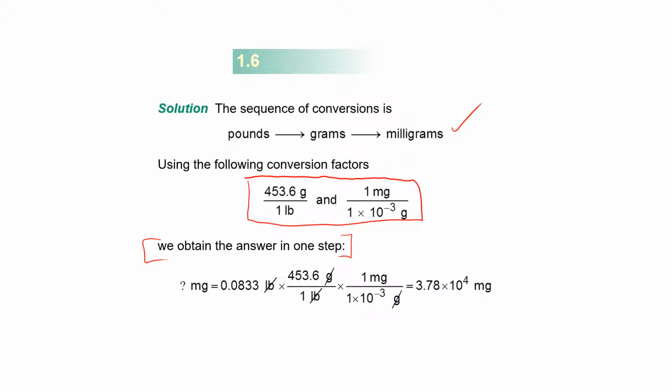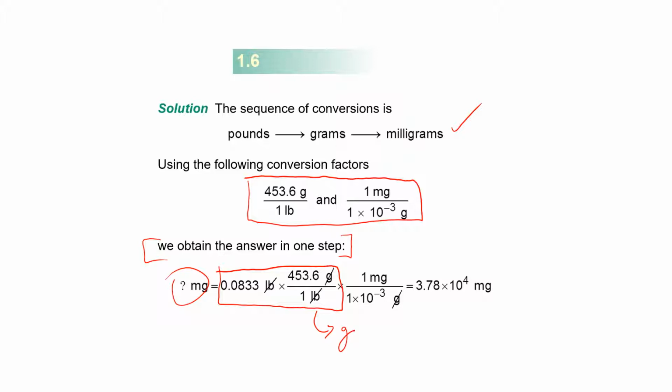We know we want to get to milligrams. So we start from our given, and our first step is to multiply our pounds by grams per pound, so that pounds cancel and we get our answer in grams.